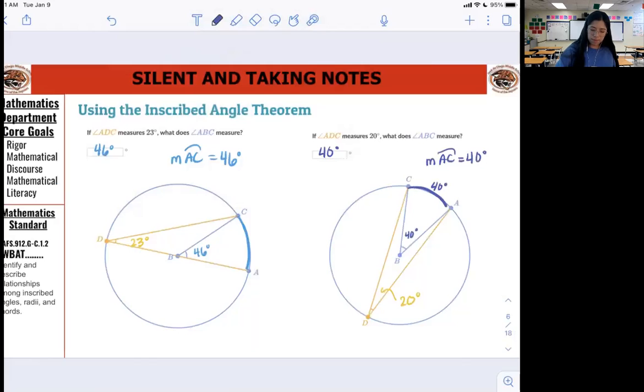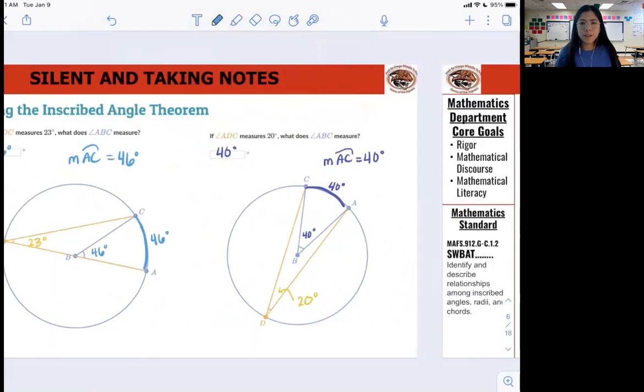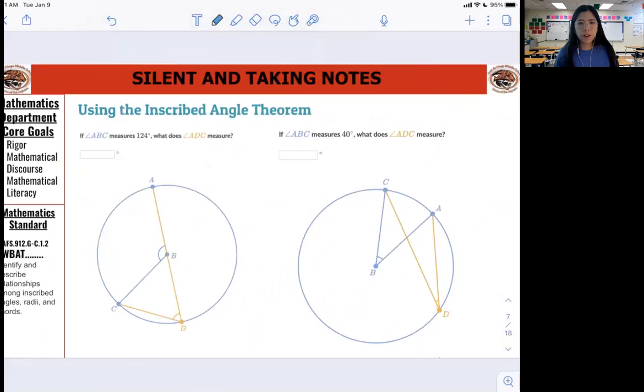So that's kind of the basics. Does anyone else still have any questions on that? That kind of clears it up, right? Okay, do a couple more on your own.